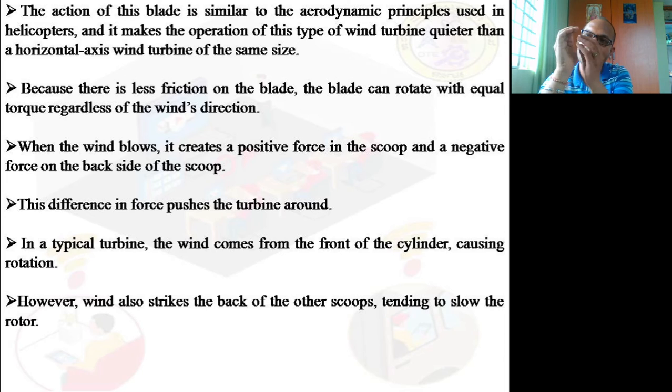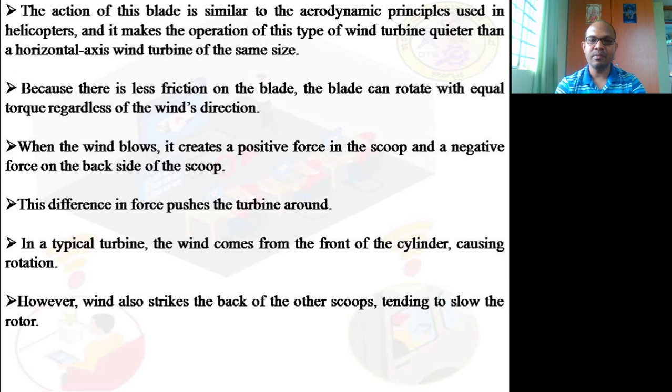The forces exerted inside the scoop are the reason why bucket anemometers also have scoops all around. Is it clear? This scooping will always have a more positive force on the inside of the scoop and negative forces on the back side or rear end of the scoops.